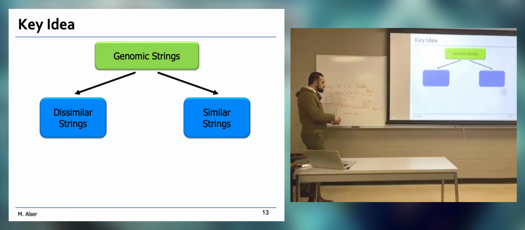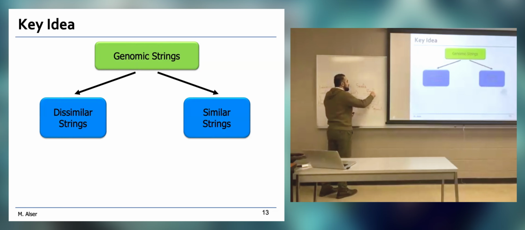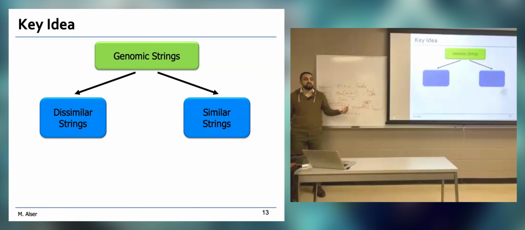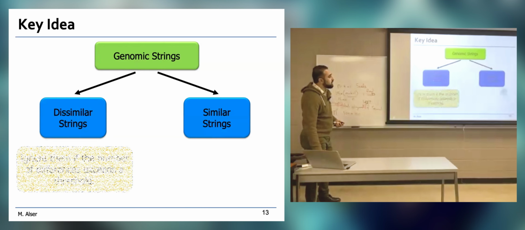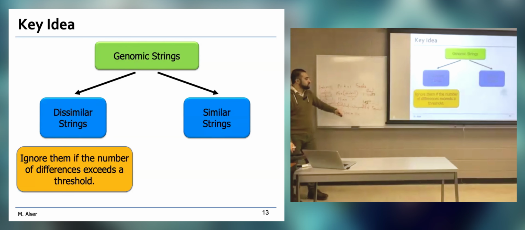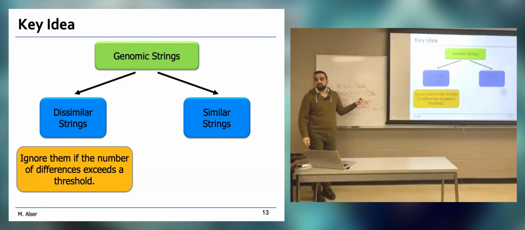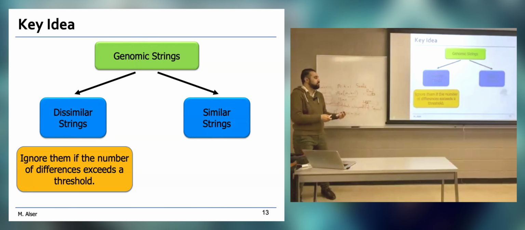We just share some similarity, like one k-mer is shared between the two sequences. For example, here and here, they share some similarity, but they are irrelevant, just noise. Just by coincidence, we match them, right? And that is not a good read mapper. Now, if we have a dissimilar string, totally irrelevant to each other, then we need to ignore them because they are just noise, they are just false positives that pop up to us, but we don't want them, right?